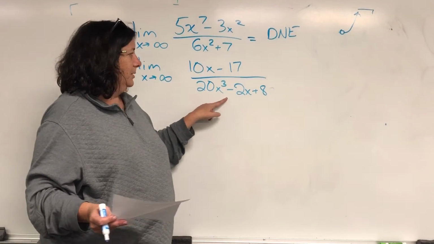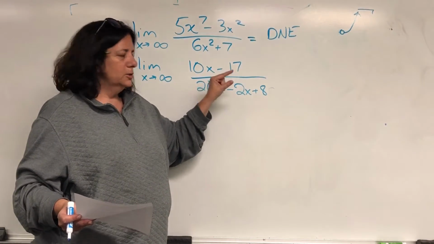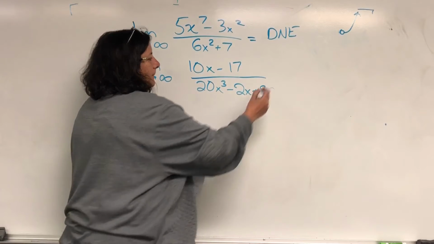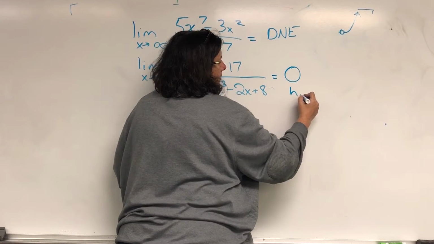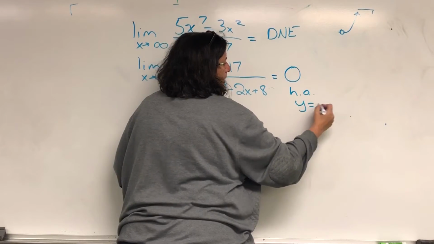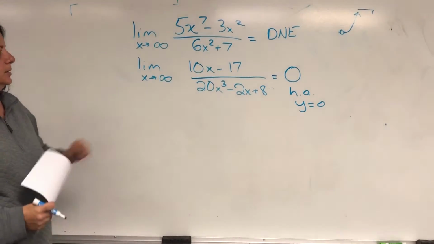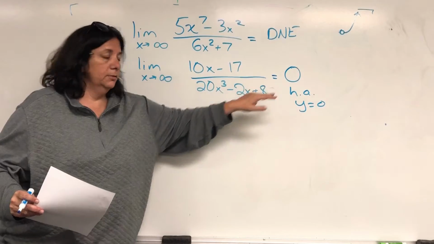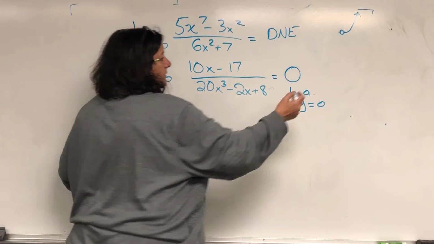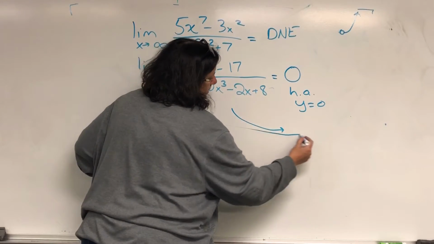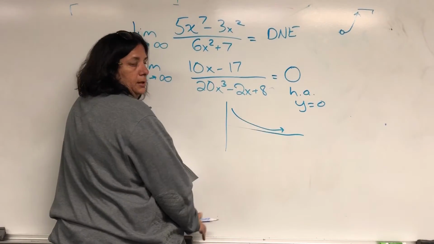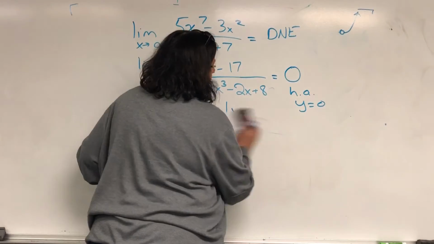So my fraction is going to be getting tinier. That means we're going to be going to 0, and that means this is a horizontal asymptote at y equals 0. So the limit does exist. It's 0, and it means that whatever this function looks like as x gets really big, it has an asymptote as the function approaches 0.